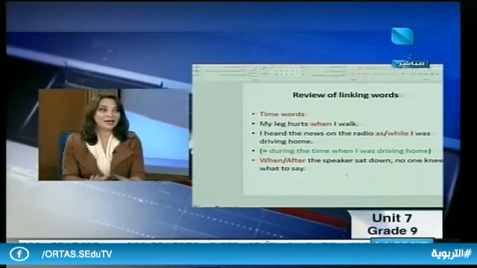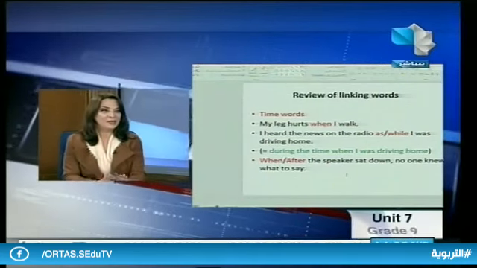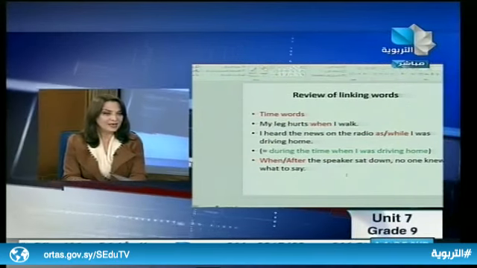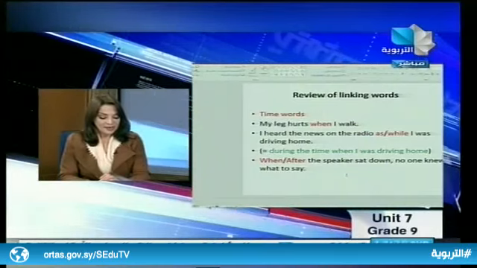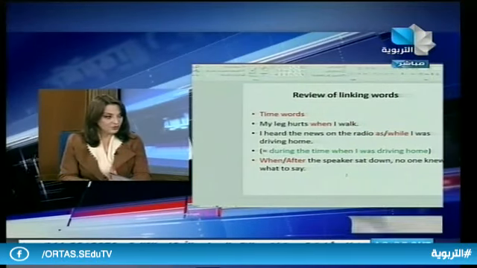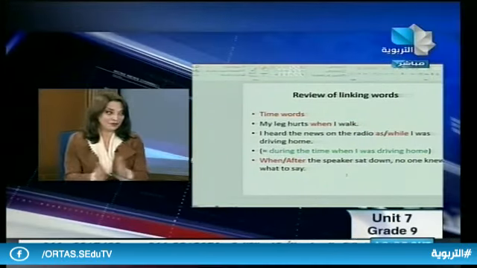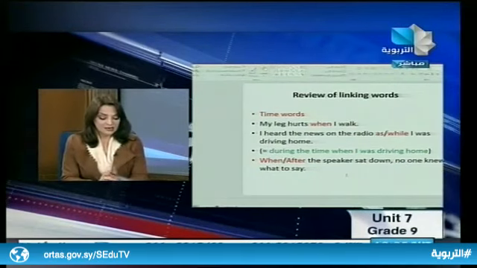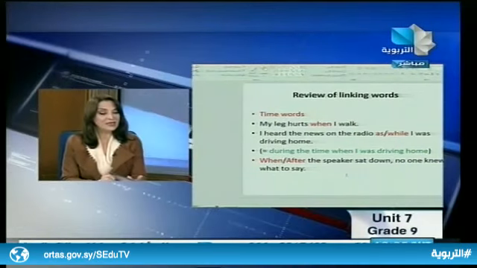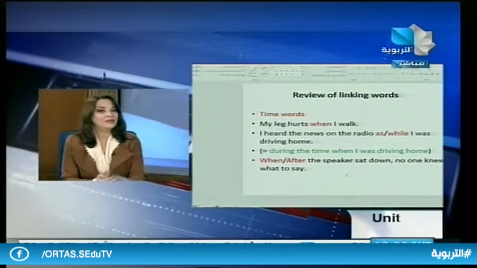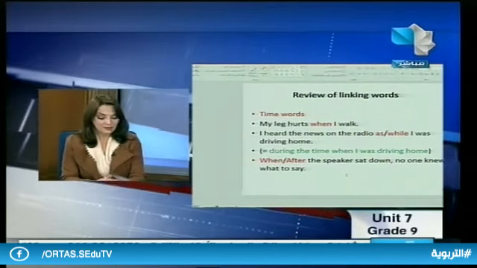So everyone was silent when the speaker stopped talking and sat down. When is the linking word here, and we use it in the first part of the sentence. We have the speaker is the subject and sat down is the past simple, the verb in the past simple.